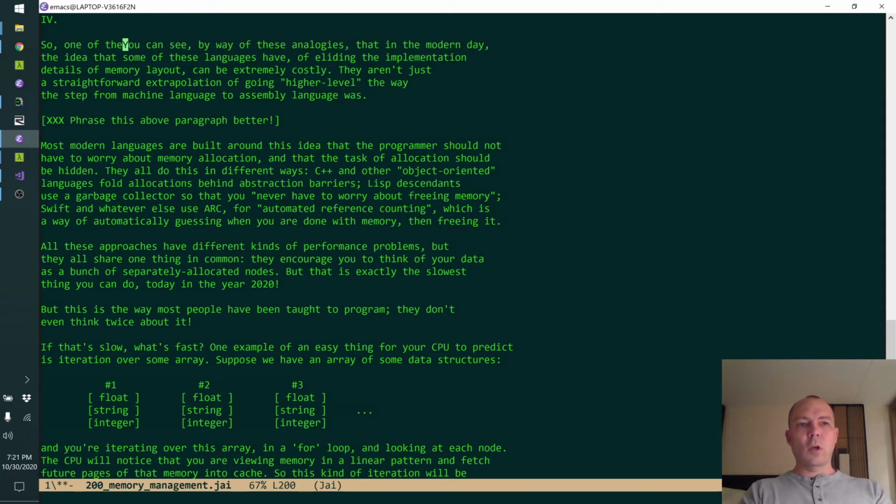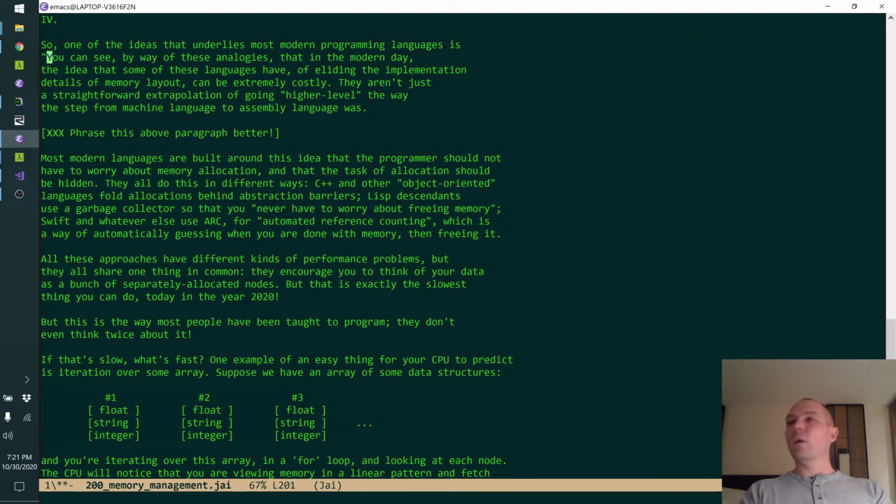So, one of the ideas that underlies most modern programming languages is the programmer shouldn't have to manually manage memory.